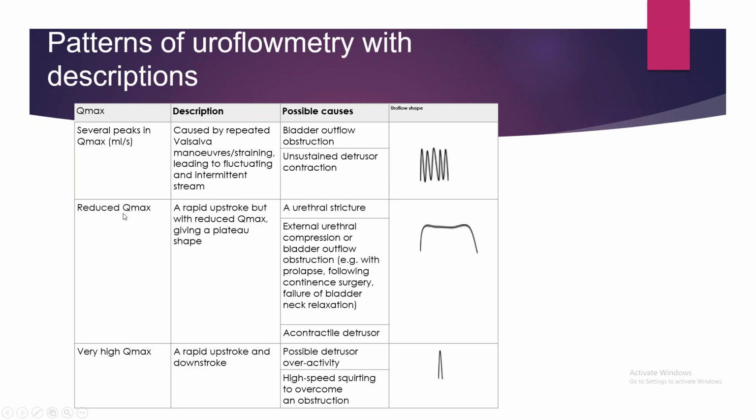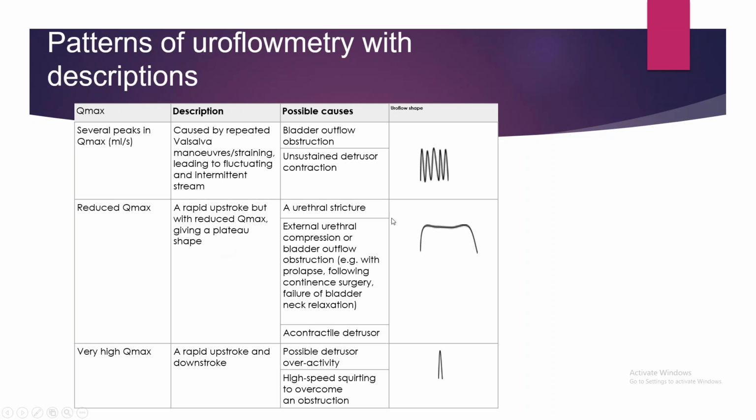Now there is reduced flow. A reduced flow rate can be there. There is a rapid upstroke, but the flow rate will not cross 15 ml per second. The normal flow rate is around 15 ml per second. So the Qmax will be reduced and it will give a plateau shape. In which condition can it occur?